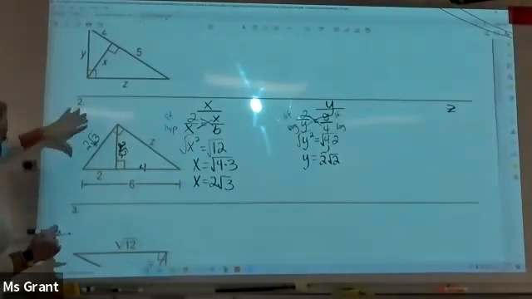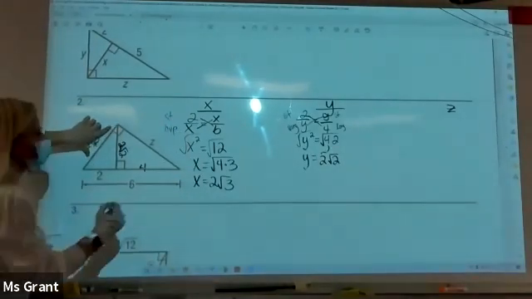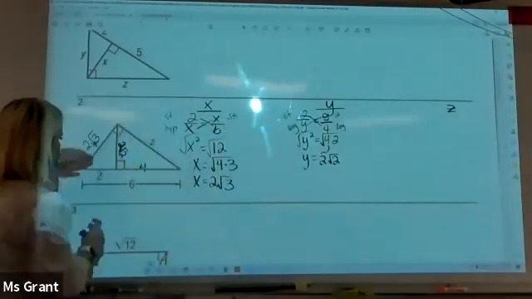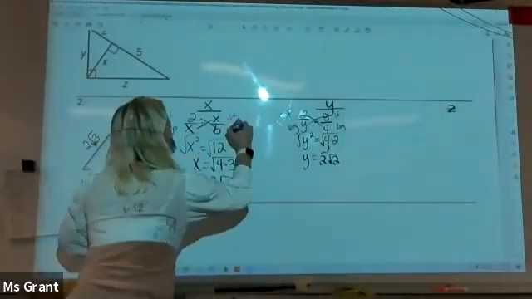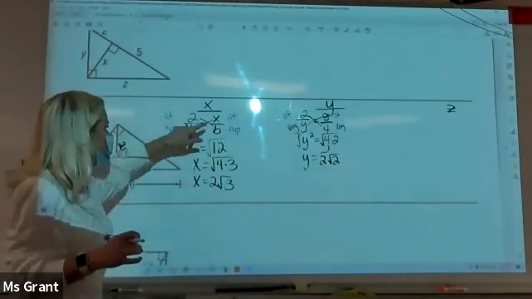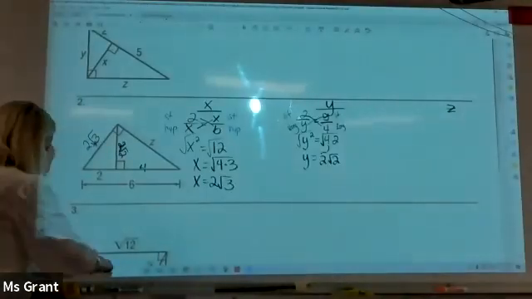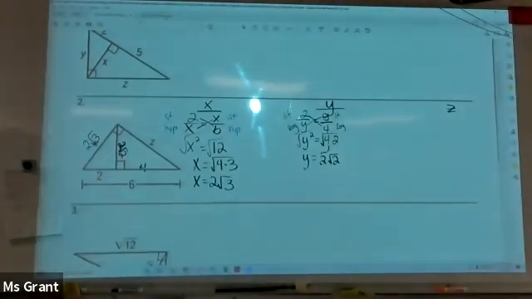And then the x is also the short leg of the giant triangle. See how this is the short leg of the giant triangle? Over 6 is the hypotenuse of the giant triangle. But I really want you guys to get away from writing words. So I'm going to do less and less of that because that's what I did all last lesson.